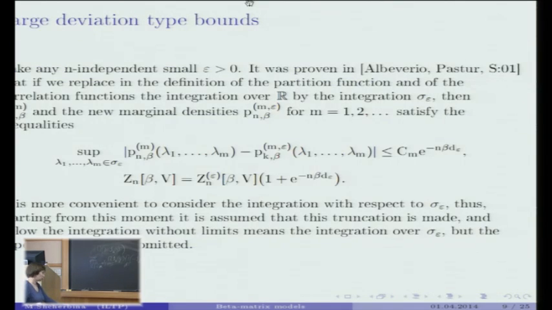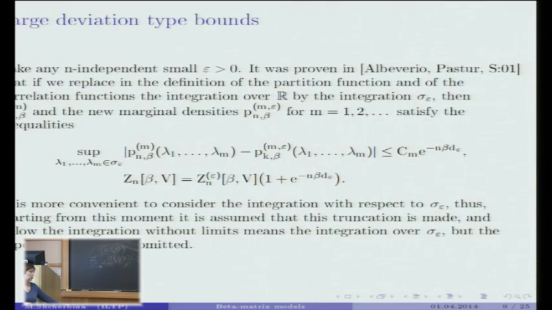Okay, and the last result which I am going to use is a result about so-called large deviations, which is very convenient if you want to study matrix models. The assertion is the following. If you restrict the integration in all your definitions to some epsilon neighborhood, sigma epsilon, of your limiting spectrum sigma, then nothing will change.